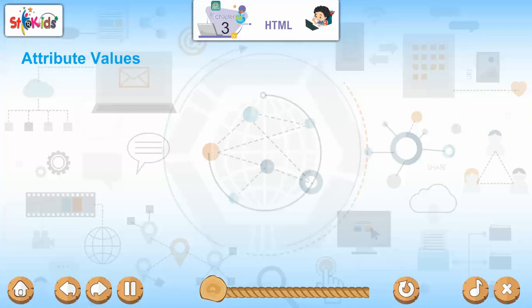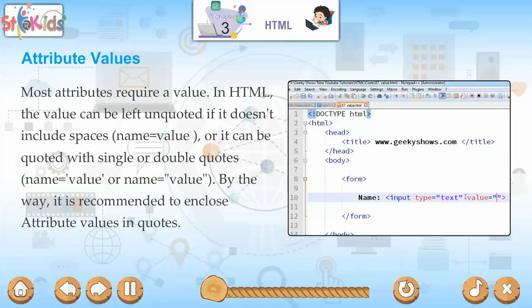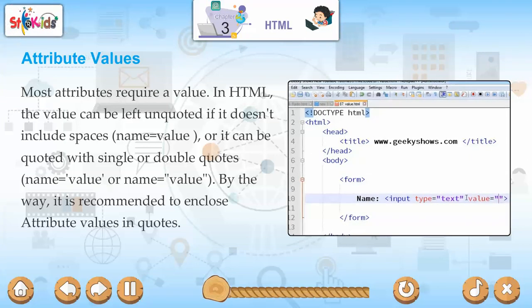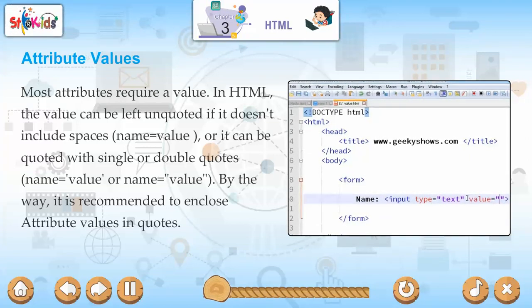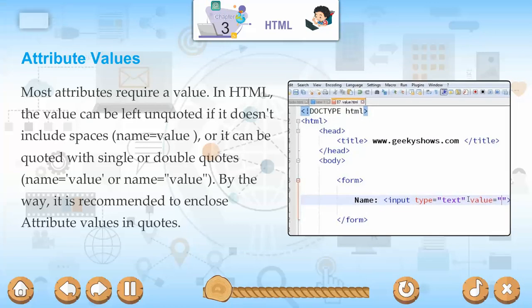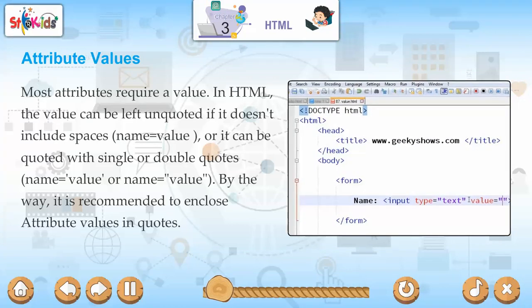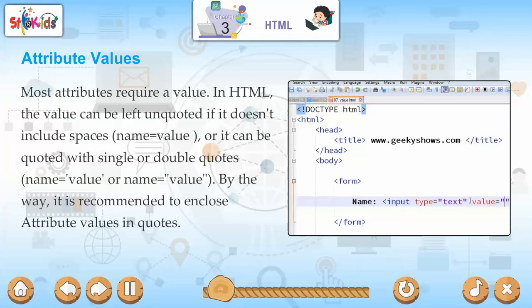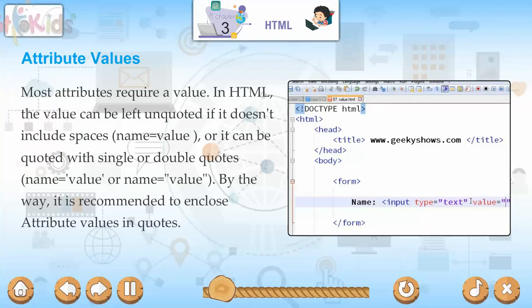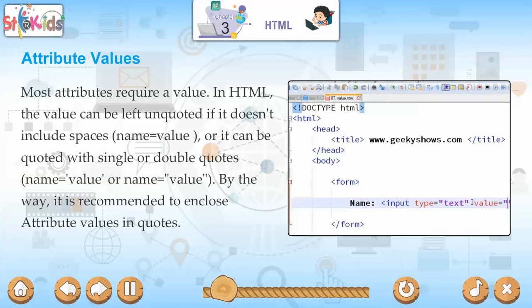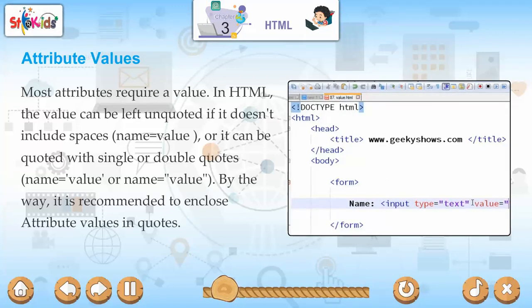Attribute values. Most attributes require a value. In HTML, the value can be left unquoted if it doesn't include spaces. So name=value. Or it can be quoted with single or double quotes, like name='value', or name="value".